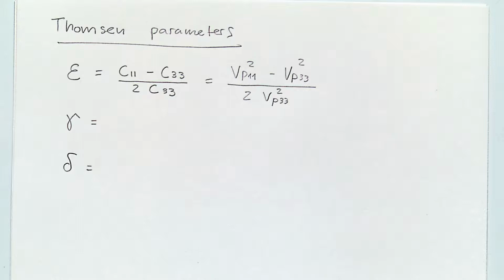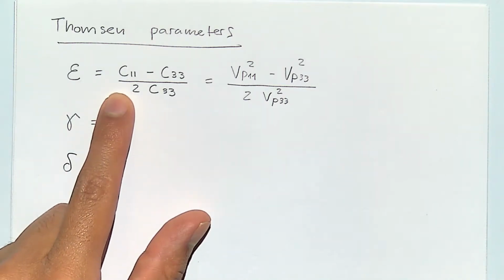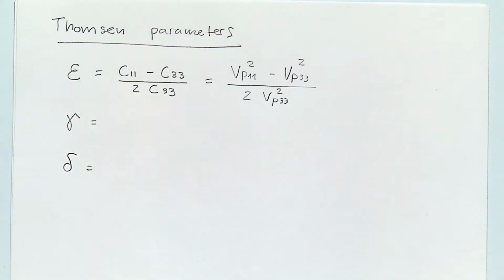So the first parameter characterizes the anisotropy in stiffnesses in horizontal and vertical direction and tells you how much stiffer, when it is positive, it is in horizontal direction than in vertical direction, and for media that are not fractured, it's going to be a positive value.